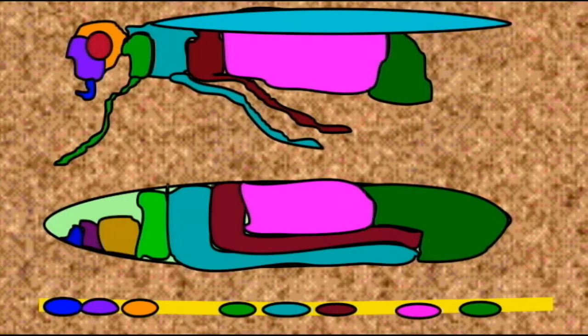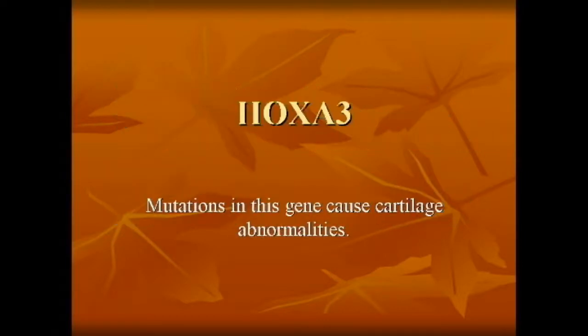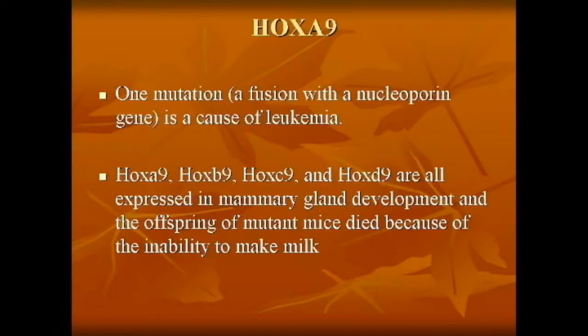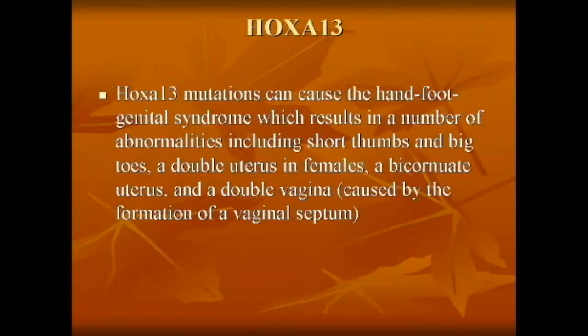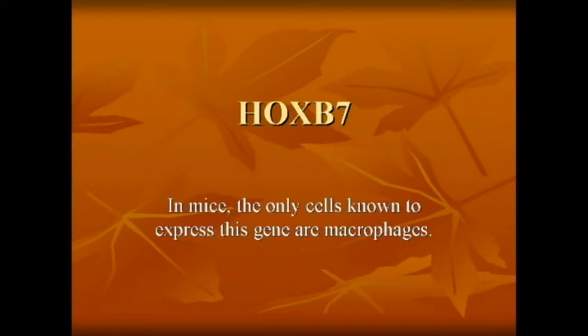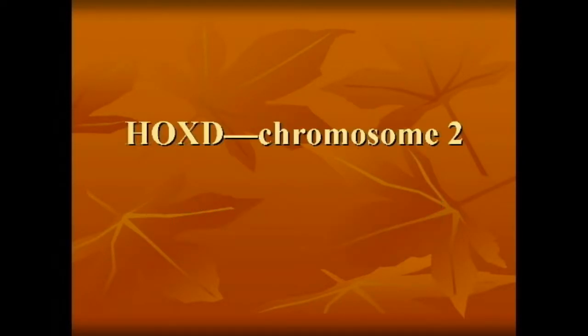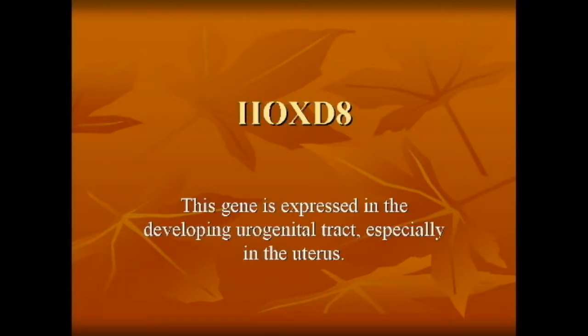Duplications allowed the one HOX cluster present in invertebrates to become four HOX clusters in the chordates. And it was these separate four HOX clusters which have allowed human embryos to get a great deal of positional information and develop complex structures.